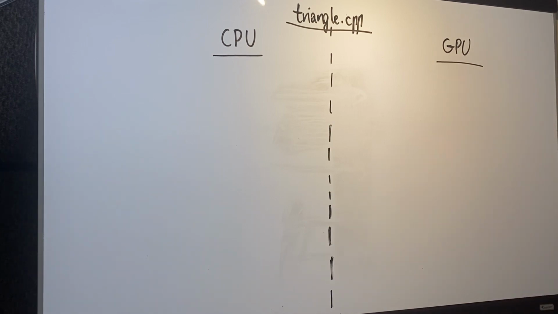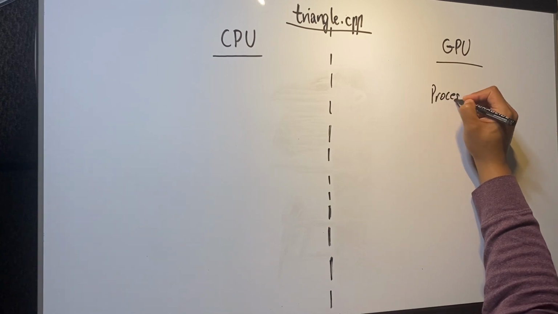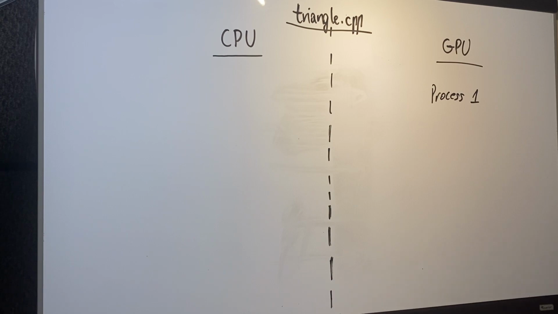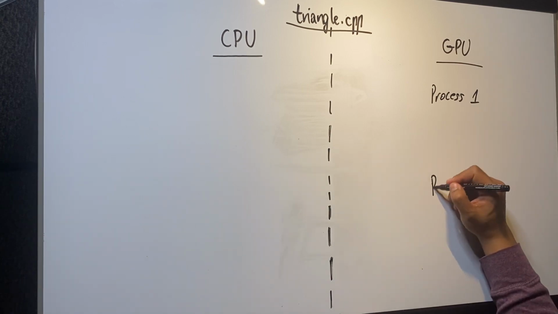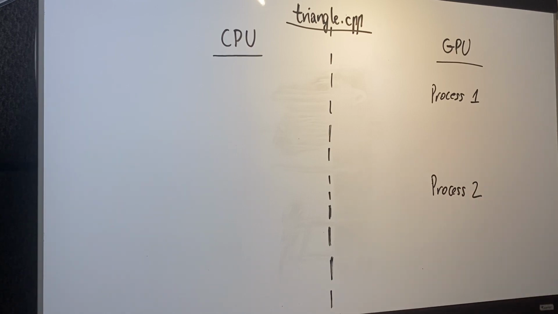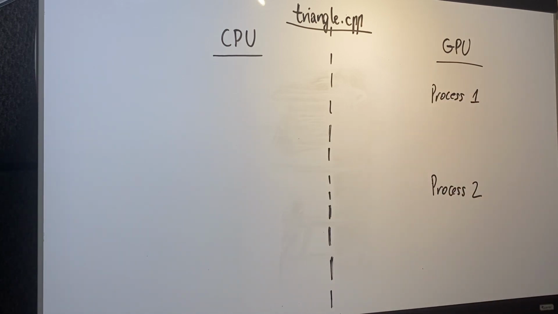So you have like process 1, right? And then you have process 2, right? And maybe process 1 has to happen before process 2, and maybe you can't restart process 1 until process 2 is finished, right?